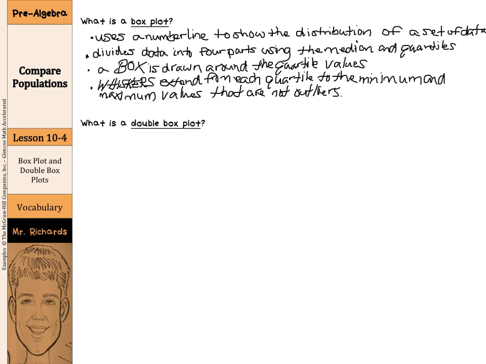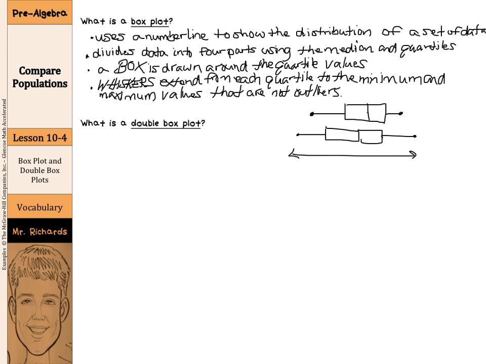Sometimes you may have heard this called a box and whisker plot in the past. And so you might just see something drawn a little bit like this. That's an example of a box plot or a box and whisker plot. And then what the double box plot or double box and whisker plot does is it graphs another one on the same number line.